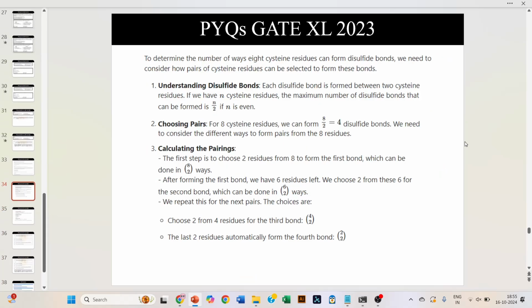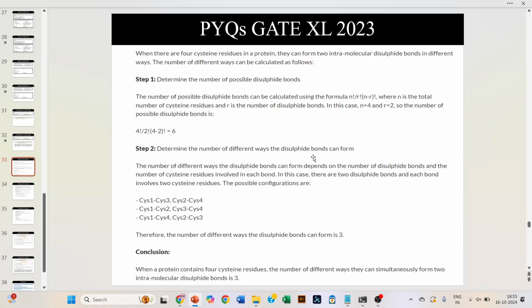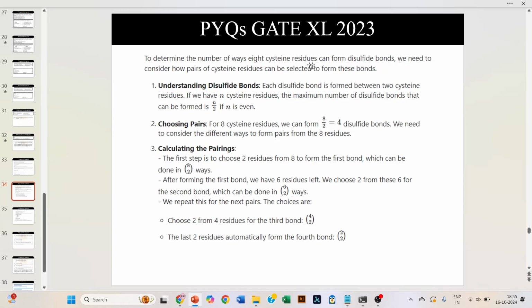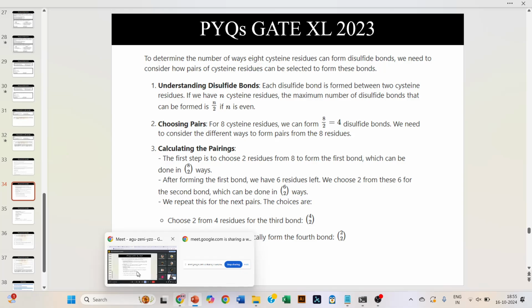Now if you look at another way of solving this, this was given in Quora possibly, on a different website. If you follow these steps, everything is explained. This is giving you 105 different combinations for 8 cysteine residues. So you can derive for 7 cysteine residues what the answer should be.